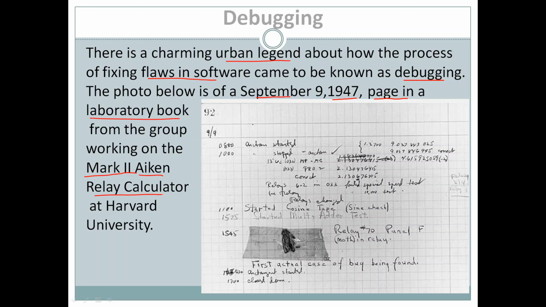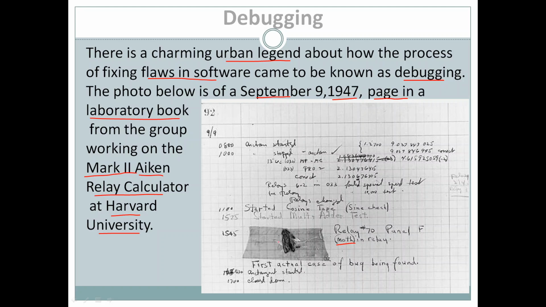They were working on the relay calculator at Harvard University, and there was a moth in the relay. You can see it here, panel F, moth in relay. So there is a photo of the moth.